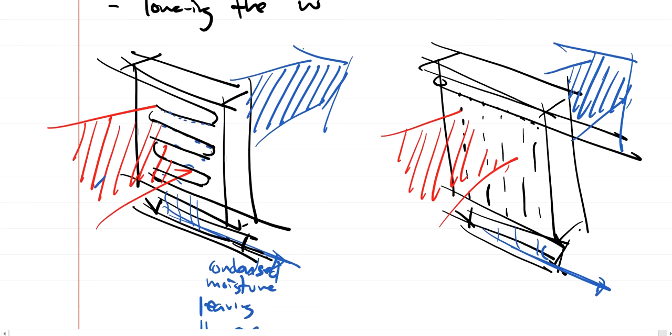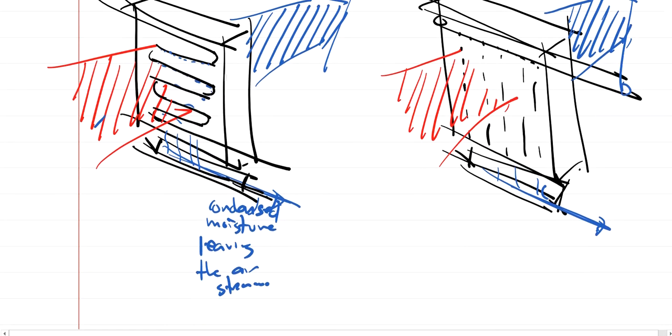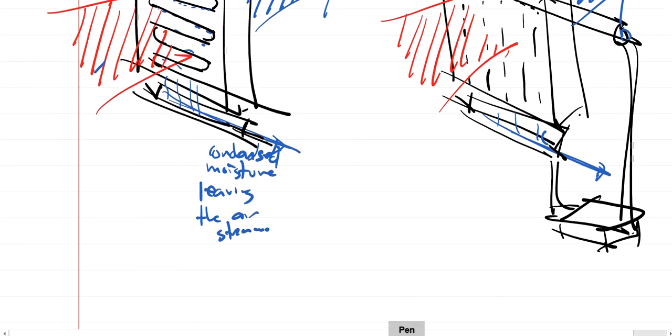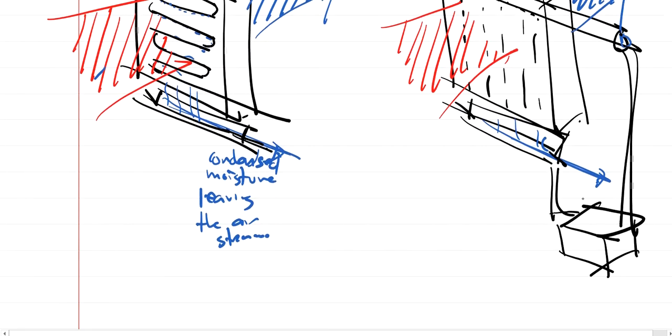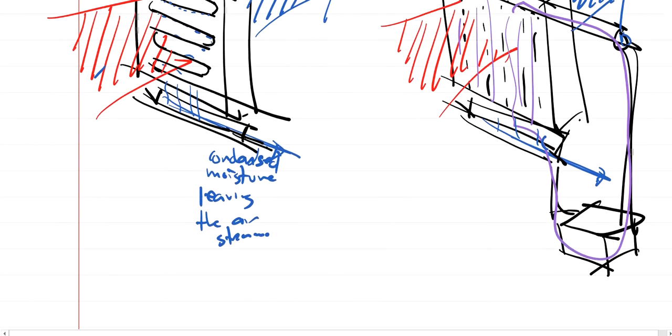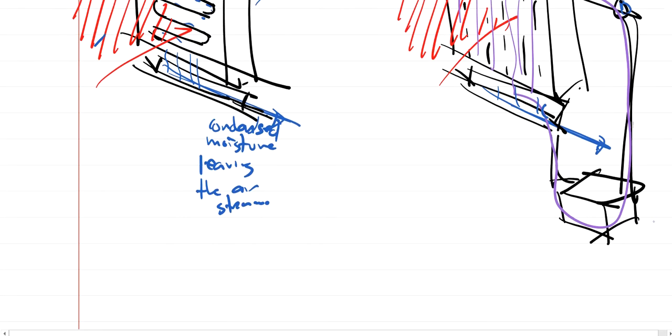Of course, if this is a system or an equipment, then there must be a sump wherein the water is recycled back to the distributor or the header pipe right here. So it goes here and then goes back up again through a pump. And this will be something like a cooling chamber.